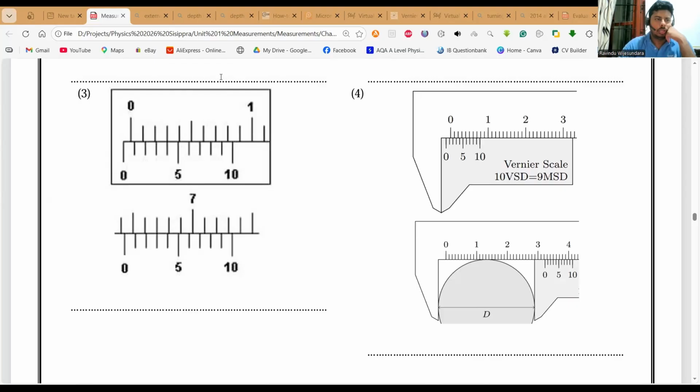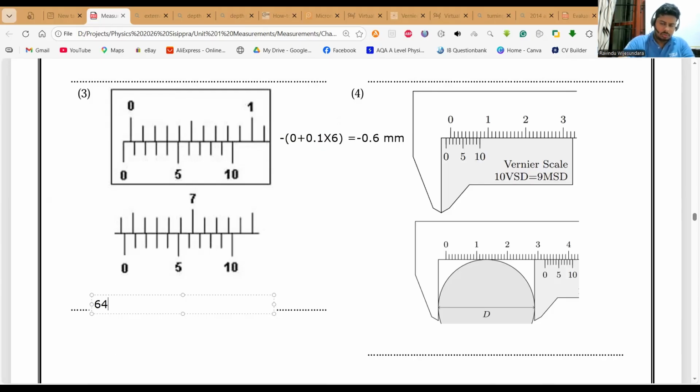So here also, when you look at this one, it is very clear that there is a negative zero error. So first we calculate the negative value. Negative zero error, you better count from the backside. 0 plus 0.1 multiplied by the number of divisions, 1, 2, 3, 4, 5, 6. 6 divisions. Therefore, the zero error is minus 0.6. Now, if you read the reading here, you know that this is the 70th one, this is 65th, this is 64.